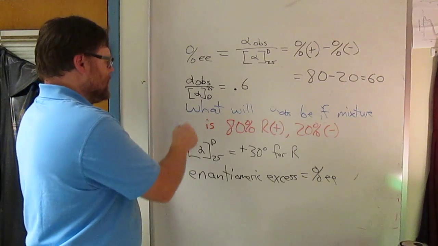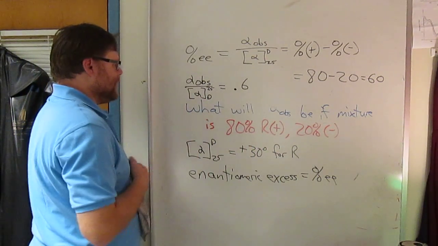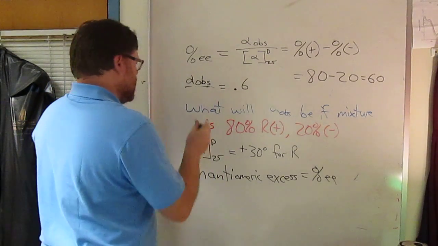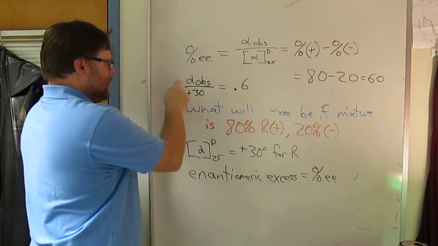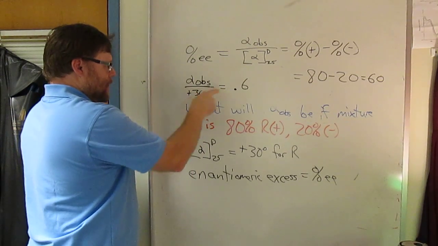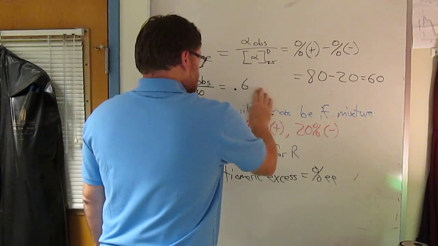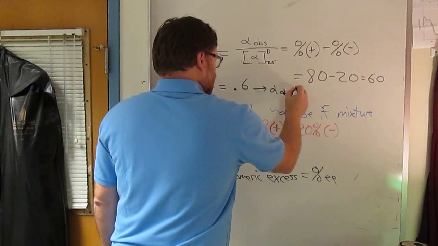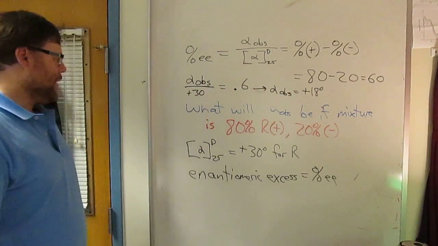Then it's just simple. We can replace the specific rotation with plus 30. So alpha observed is going to equal 0.6 times 30. So this will give us an alpha observed of plus 18 degrees. Boy, I think that's right.